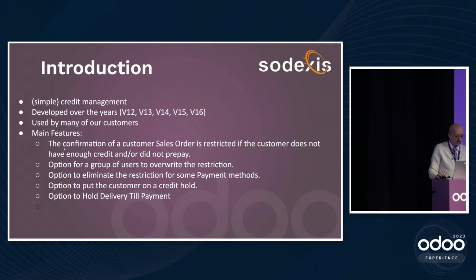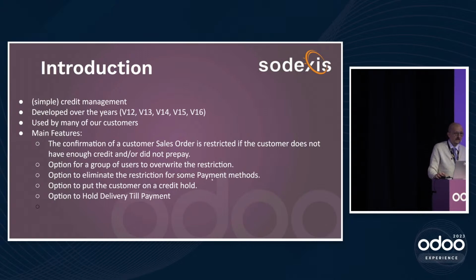The main feature is that the confirmation of a customer sales order is restricted if the customer does not have enough credit and/or did not prepay for the sales order. There's an option for a group of users to override the restriction. So if you're part of the right group, you can override it. There's an option to eliminate the restriction for some payment methods.